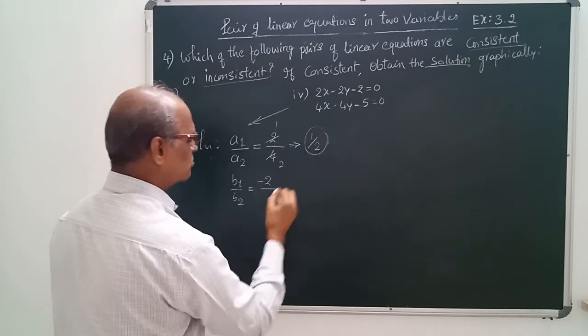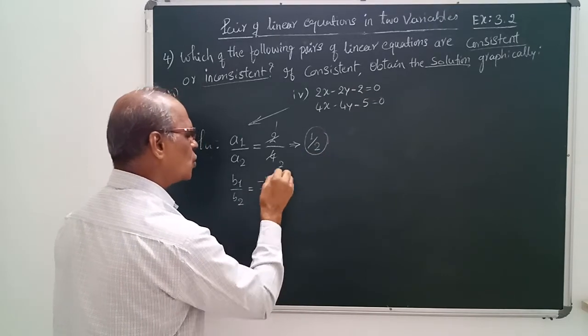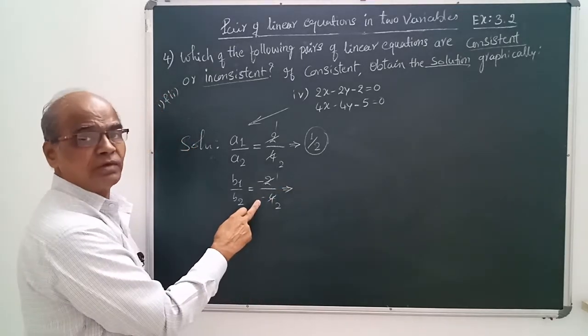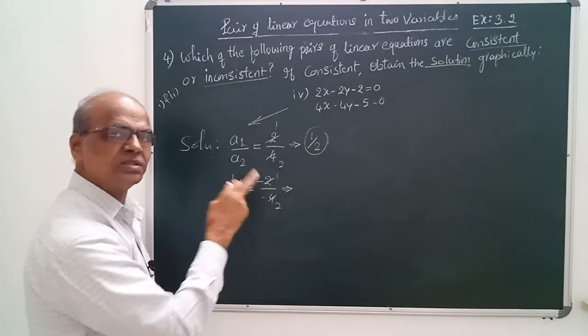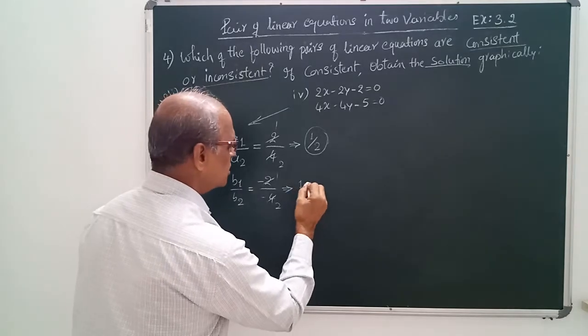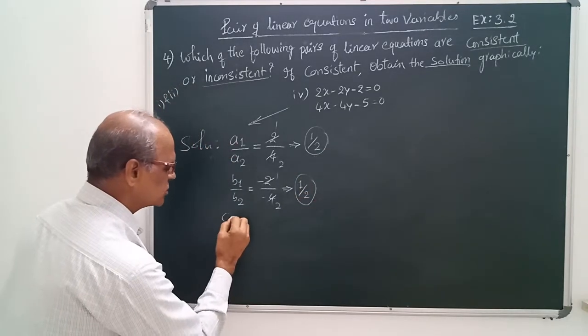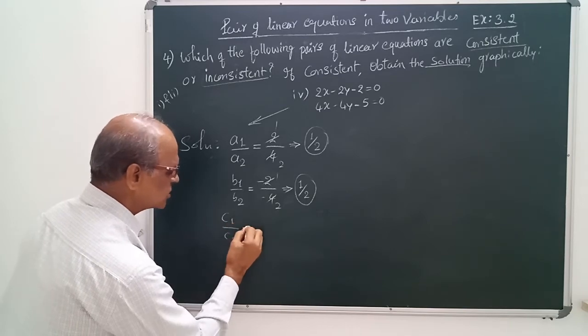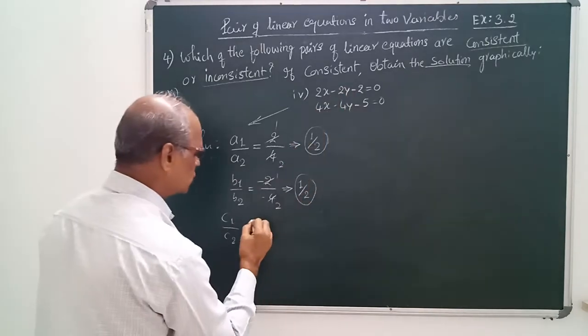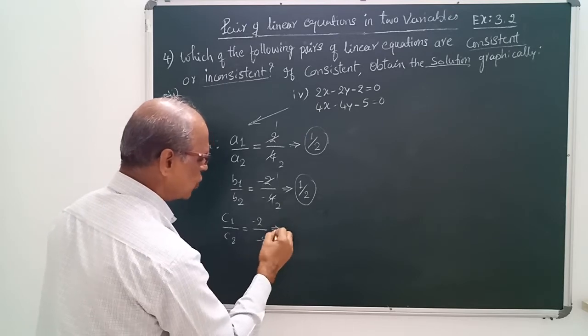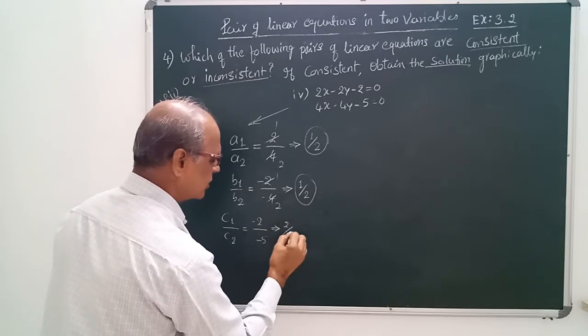What is B2? Minus 4. So 2 1s are 2, 2 2s are 4. Here the sign convention rule you have to apply: minus into minus is plus. So this is again plus 1 half. Right? What is C1 by C2? Minus 2 upon minus 5. Both are minus, so it is 2 by 5.